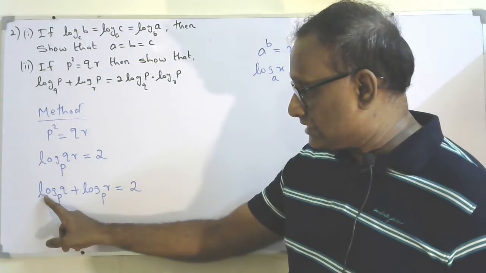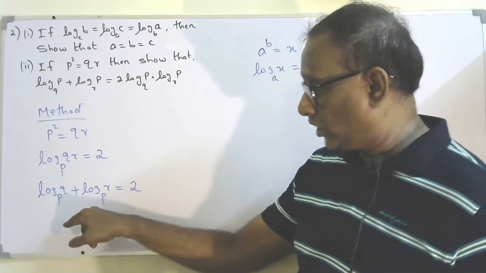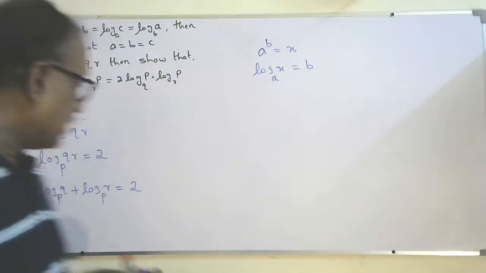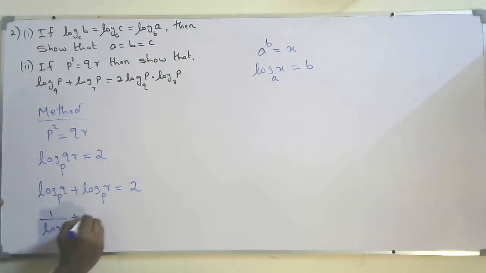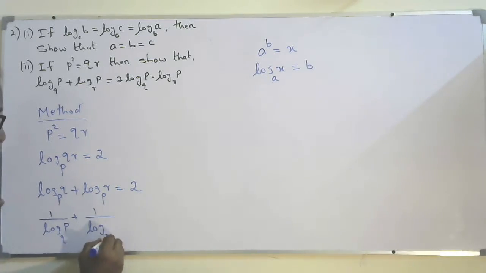I can write log P of Q equal 1 over log Q of P. So I'll write 1 over log Q of P plus 1 over log R of P, since I'm writing this also in terms of R, equal to 2.